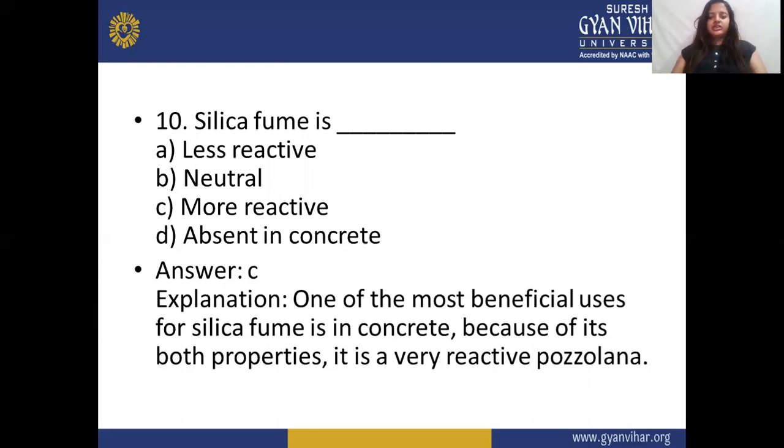Pozzolana is nothing but fly ash, which is produced in thermal plants, and it is excessively harmful if released into the environment.